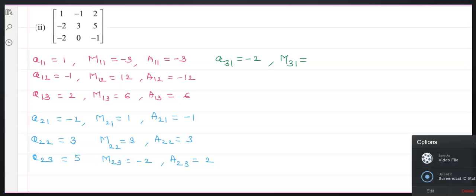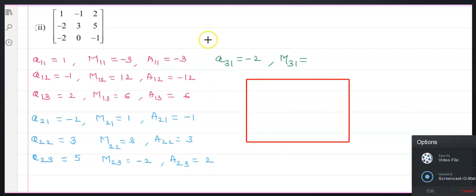Or to remember this, one thing is that you can remember it like this also. Suppose you have a box like this, and I will change it. And what are the signs that you have to remember? Now this is the first element.